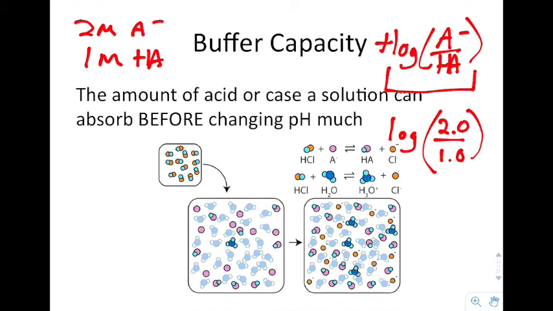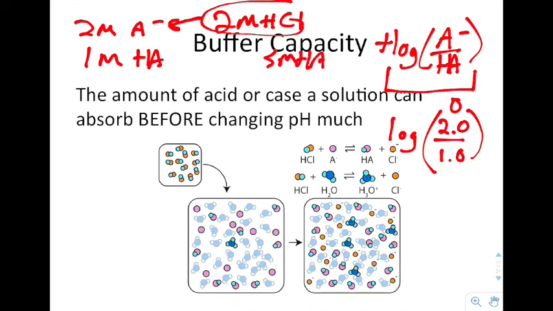For example, I could take in 2 moles of HCl without changing my pH very much. The reason why is this 2 molar HCl could react with this A minus, and it could turn this term to 0. It would turn all of it into 3 molar HA.